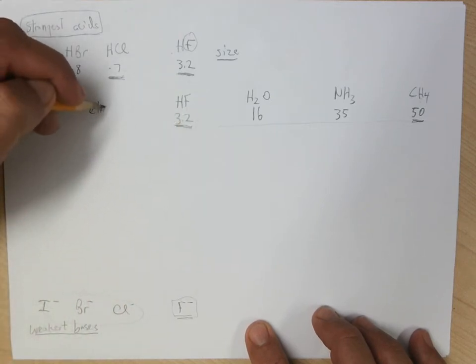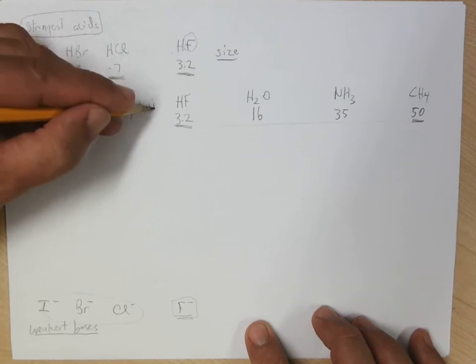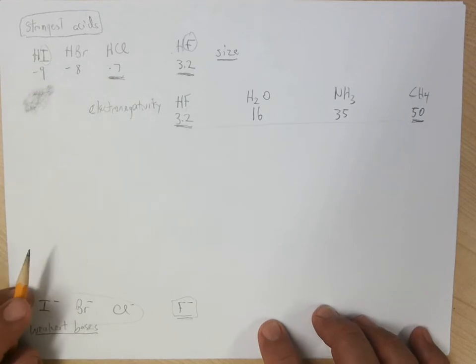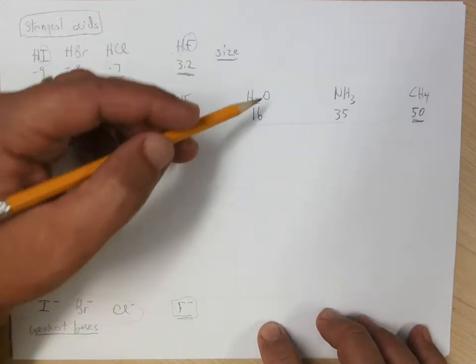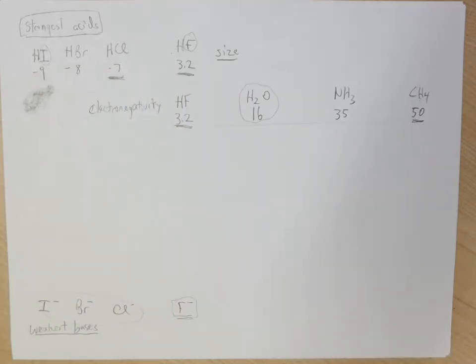So here we see a trend where the electronegativity varies when the size doesn't, and that very strongly affects the pKa. And so I would expect that if you're trying to figure out a pKa of a compound, you might see how it compares to water.